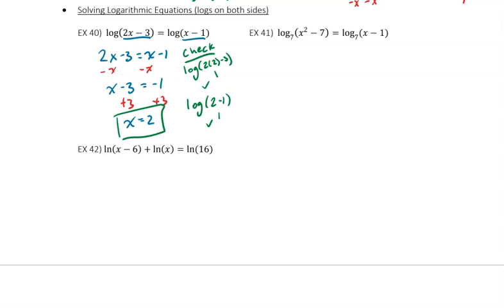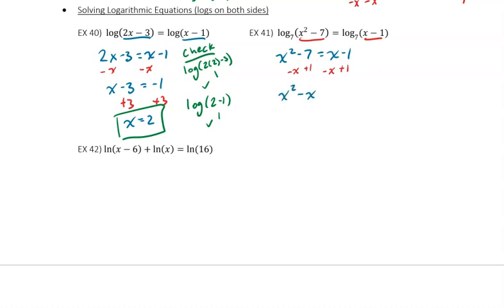Next one, same idea. We have log equals log, they're the same base. So we're just going to put the insides equal to each other. So x squared minus 7 equals x minus 1. Now this is a quadratic, so we're going to get it to one side. That way we can set it equal to 0. So I'm going to subtract x from both sides, and I'm also going to add 1 to both sides.